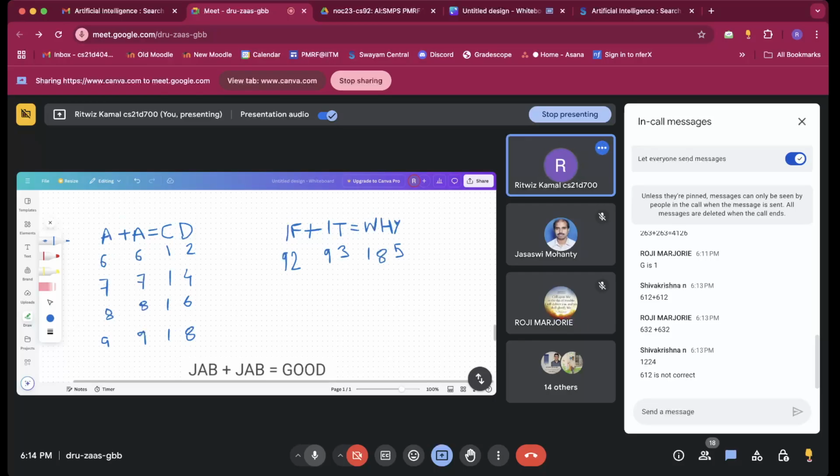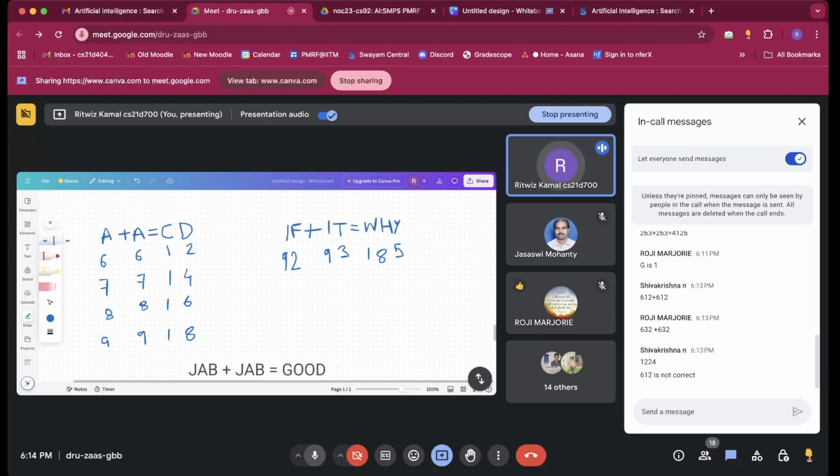So that is not valid. So 612 plus 612 will not work. 632 plus 632, let's think about that, will give us 1264, right? So that will also not work because O has been assigned two different numbers in that case. 632 plus 632 would be 1264.